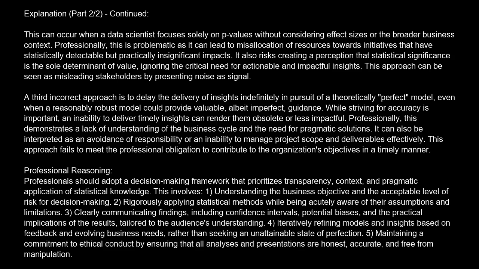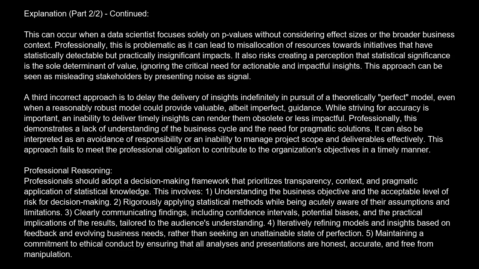Professional reasoning. Professionals should adopt a decision-making framework that prioritizes transparency, context, and pragmatic application of statistical knowledge. This involves: 1. Understanding the business objective and the acceptable level of risk for decision-making. 2. Rigorously applying statistical methods while being acutely aware of their assumptions and limitations. 3.